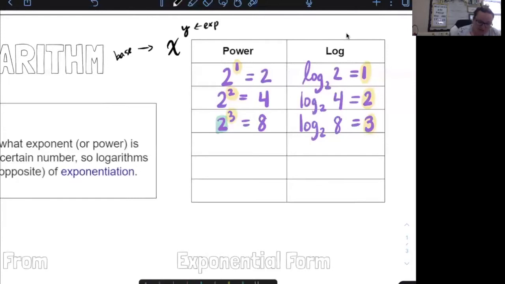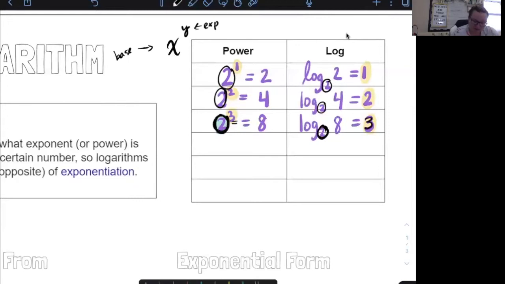So notice how if 2 is your base, it's also the base of your log. 2 to the second, 2 is the base, it's also the base of the log. 2 to the first, 2 is the base, it's also the base of the log. So 2 to the third equals 8 is the same thing as log base 2 of 8 equals 3. That exponent is what the log is equal to. The base of the power is the base of the log. And all that good stuff.